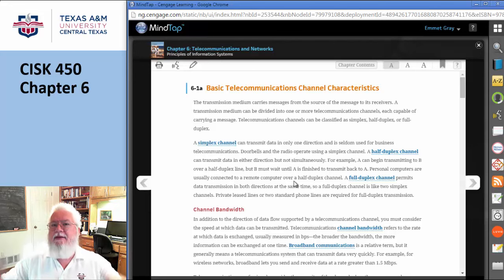So cool, that's simplex. The next one is half duplex. Now that means I can send back and forth on the same wire, but I can't do it at the same time. We can't both talk, so somebody says something and then you wait, and then somebody else sends something back. So it's back and forth. And oddly enough, an awful lot of systems use this, and you may not even be aware of it.